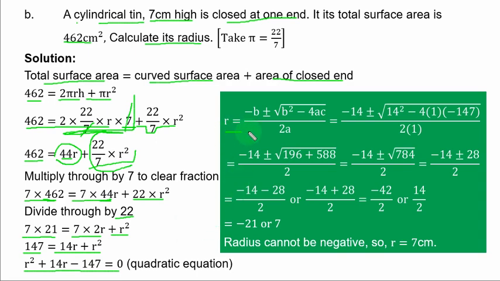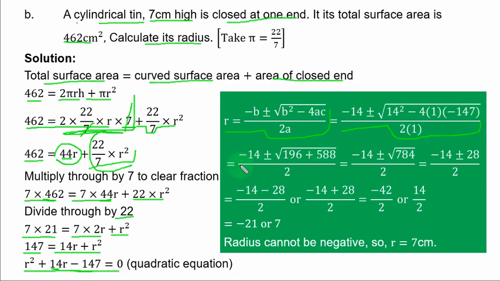This is the formula. r is what you are looking for. So B is 14, coefficient of r. Sorry, A is 1, coefficient of r squared, and C, the constant term, is minus 147.